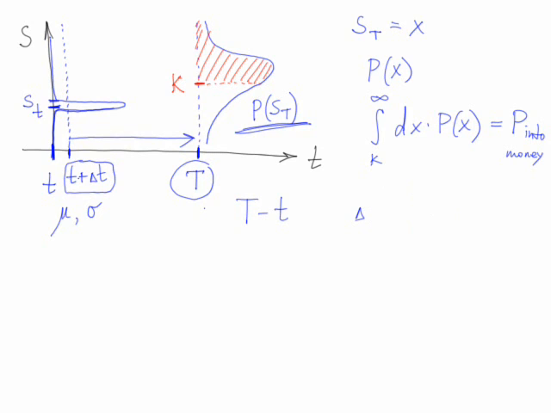So how do we do it? First of all, if we have instantaneous standard deviation sigma, then when we move to a finite time difference, sigma is going to be replaced by sigma times square root of t minus small t.